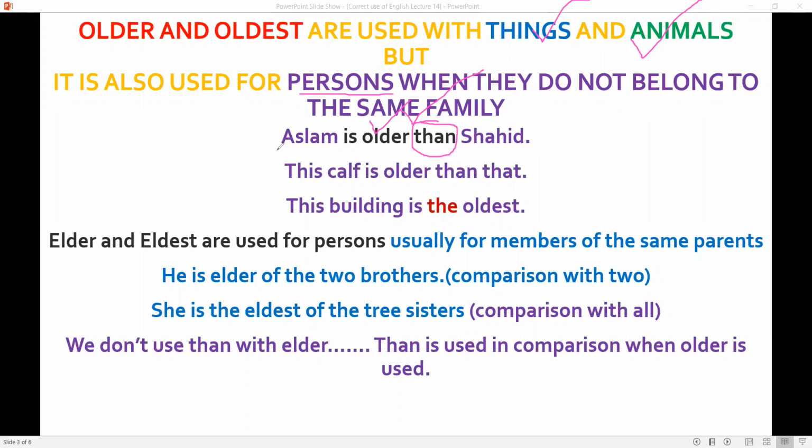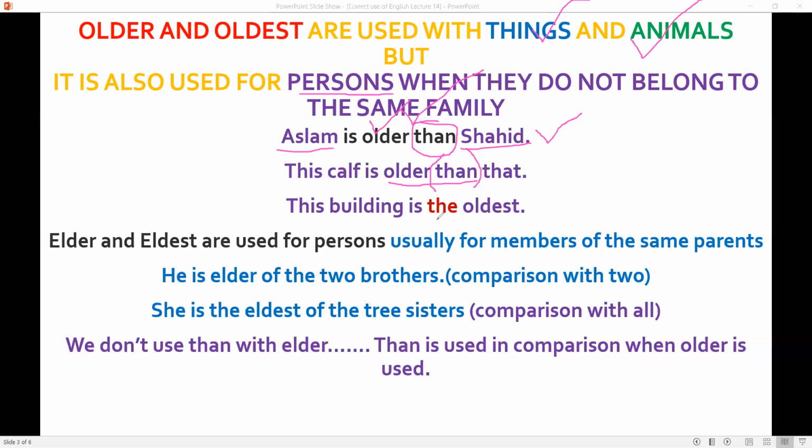Aslam and Shahid are not related to each other, so we can use older as far as grammar is concerned. This calf is older than that. The comparison is between two. When we make comparison between two things, two persons, two animals, we use comparative degree. And after older, we use than for comparison.